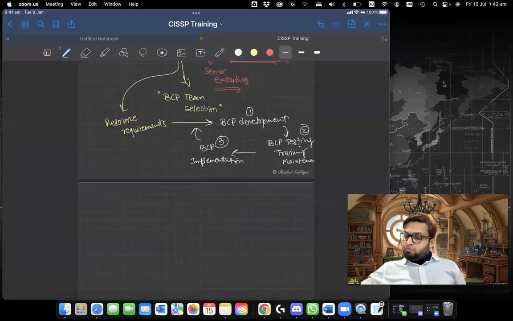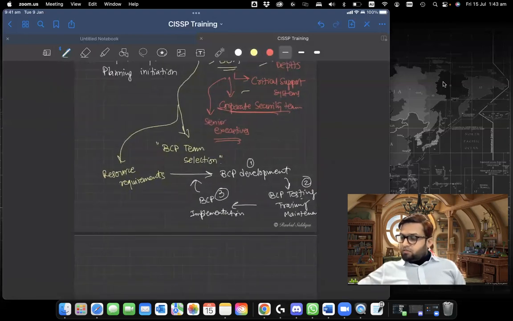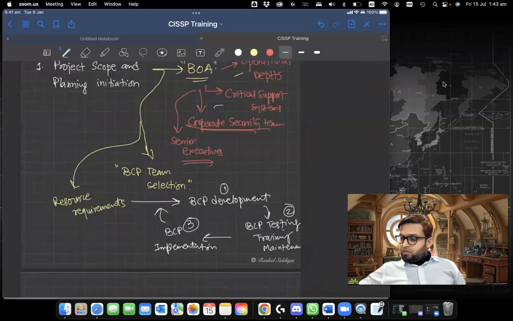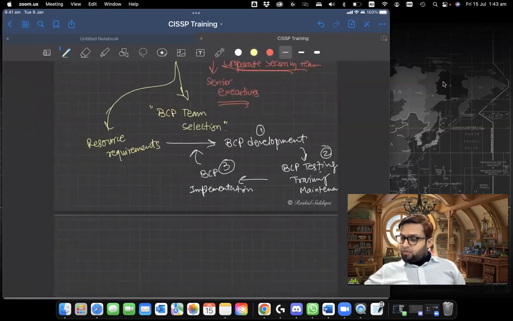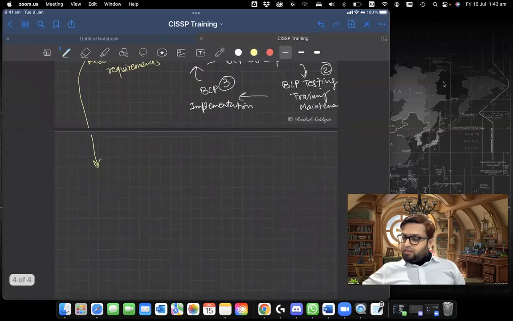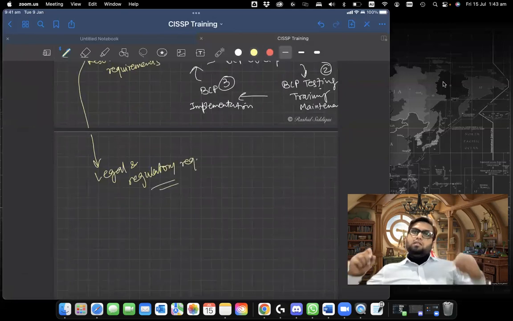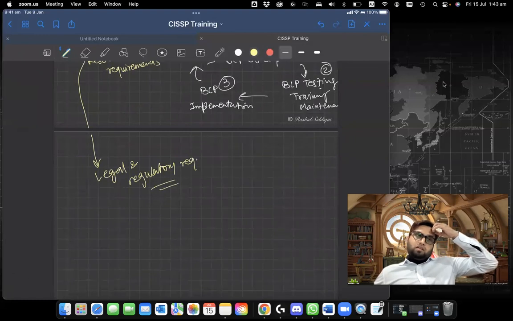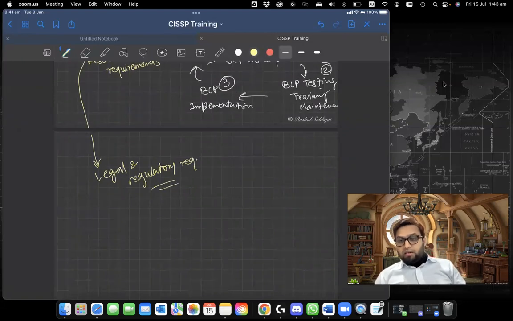And the last step is, it will go to the next page, basically: legal and regulatory requirements, right? When we do business continuity planning, it's not only the technical or financial aspect.